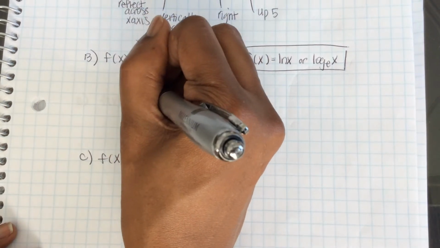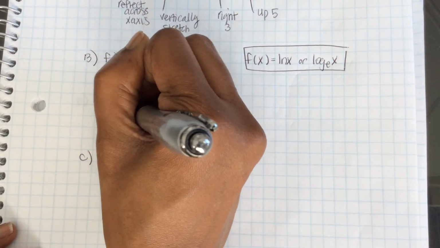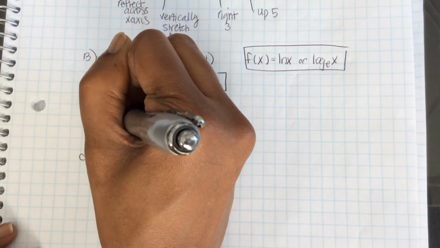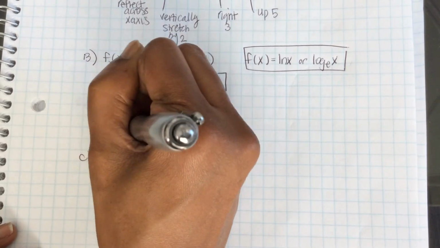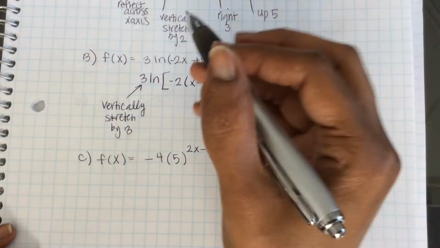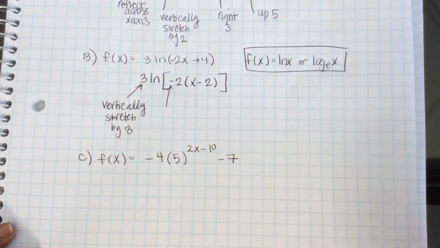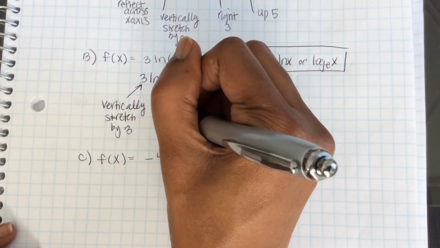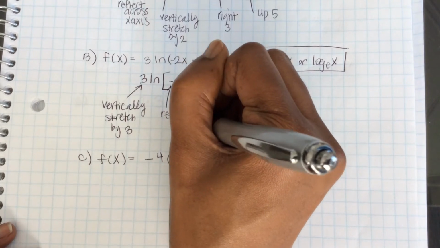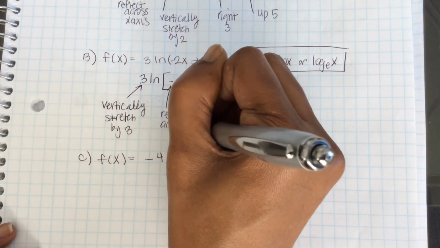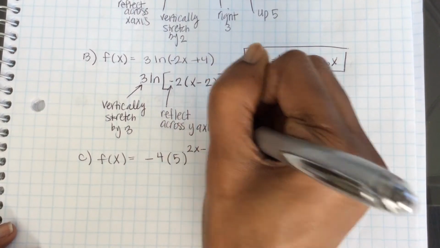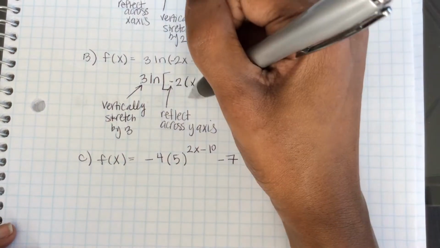So let's see. This 3 in front vertically stretches by 3, okay? Because 3 is greater than 1. This negative in front of my x is going to reflect across the y-axis because it's changing the value of my x's.